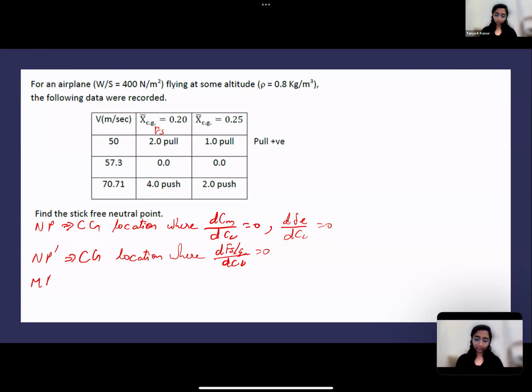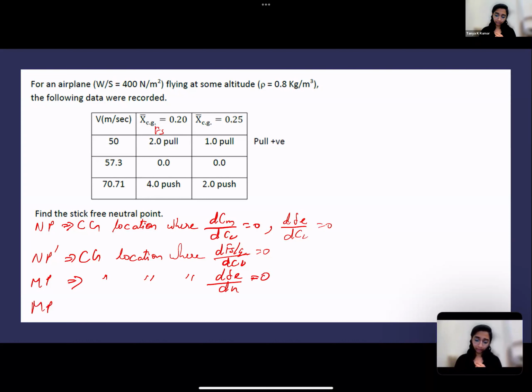Now the stick fixed maneuver point: the CG location where d delta E upon dN is 0.